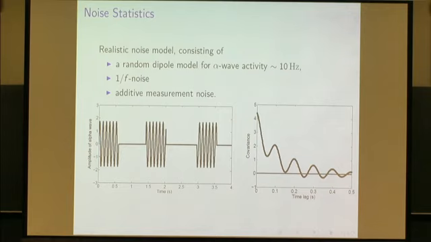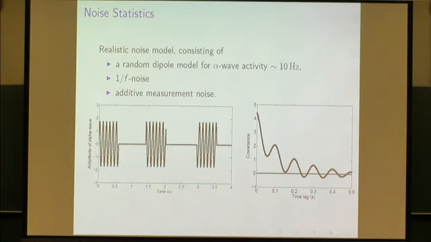So here's what we do for modeling the noise. We based our noise modeling on a paper by De Munck and others from the late 90s, where they developed this nice model called POMAM, which is as follows. Suppose you want to model the alpha activity of the brain, which is about 10 hertz.